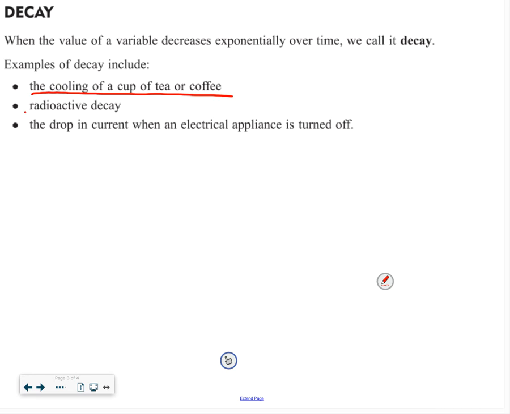We have radioactive decay, which is used to age certain things, and the drop in current when we're talking about electrical appliances. When an appliance is turned off, it has a certain amperage, and then it dwindles off as the circuit has been turned off.